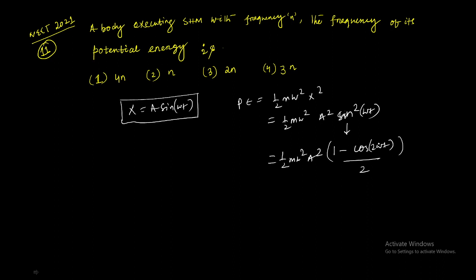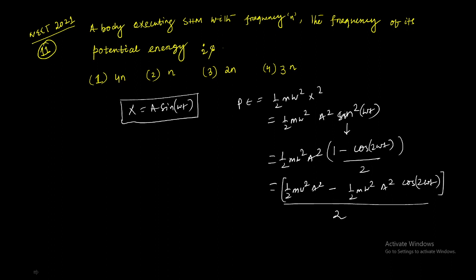So the potential energy is actually oscillating with half m omega square a square by 2 minus half m omega square a square by 2 cos of 2 omega t.